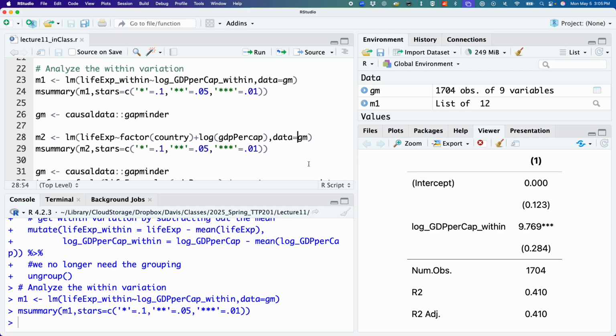And we can do it in the other way as well, right? Which is to include a dummy variable for every possible country. And so that's actually what this line 28 does.